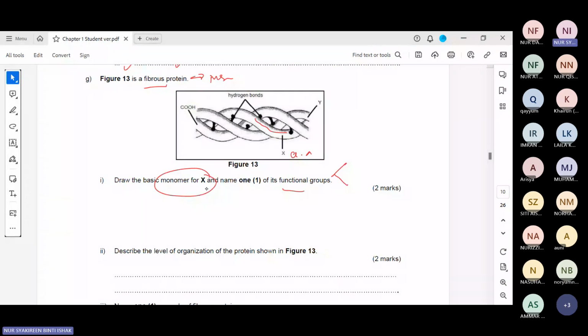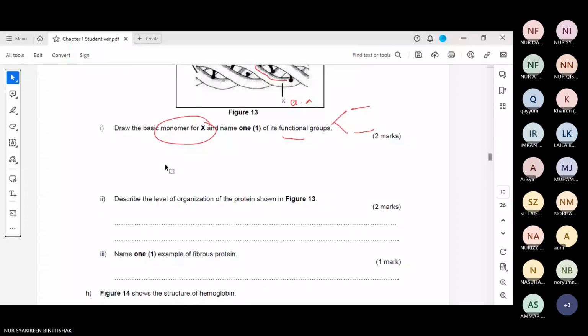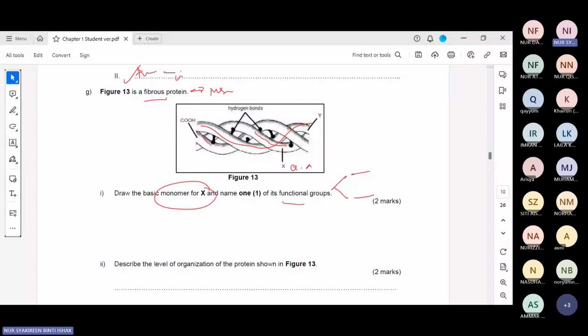Okay. So next question, describe the level of organization of protein. So kita ada berapa? Kan, kita ada 2. If proteins combine that involves more than one polypeptide chain, it is quaternary structure. Okay, quaternary structure.